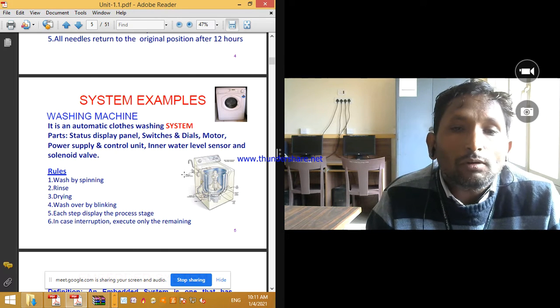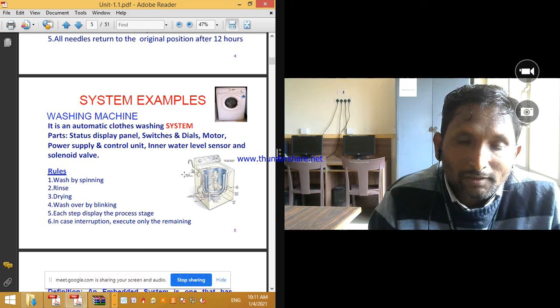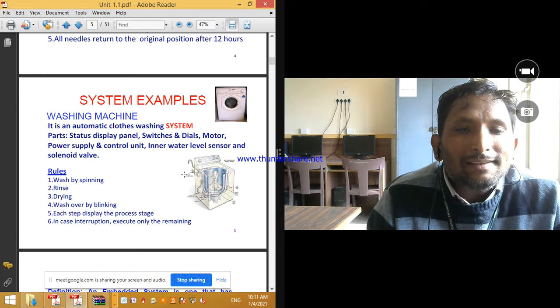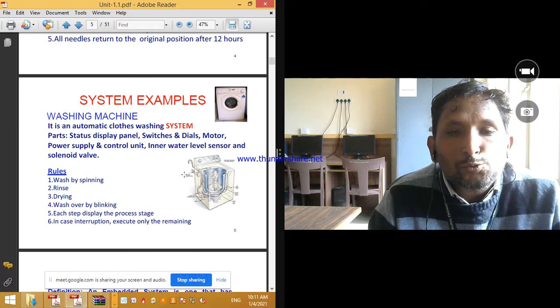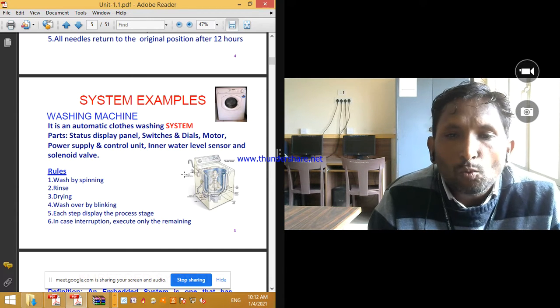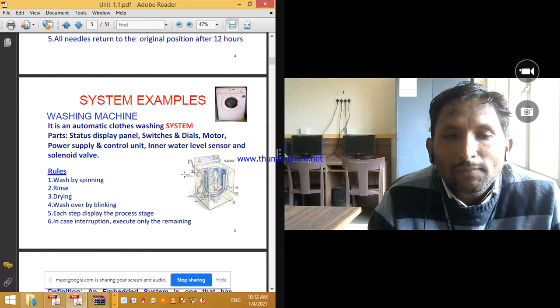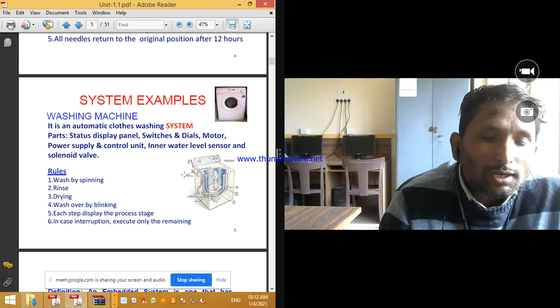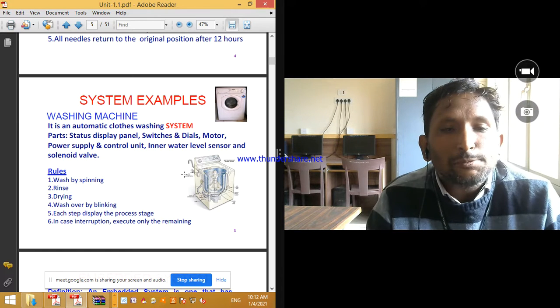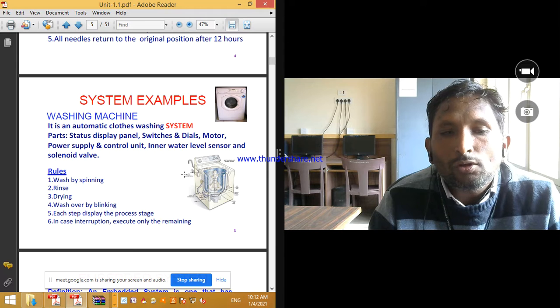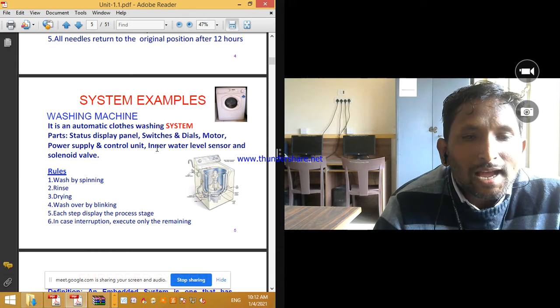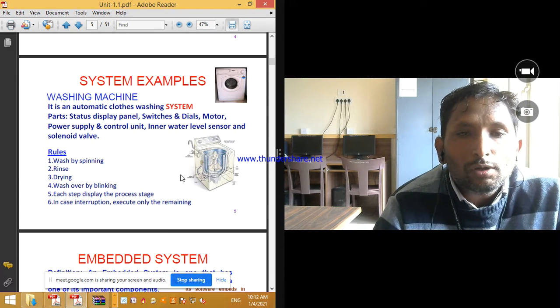The parts are status display panel, switches and dials, motor, power supply and control units, inner water level sensor and solenoid valve. And the rules are: wash by spinning, rinse, drying, wash over by blinking. These are some rules that we have to follow.